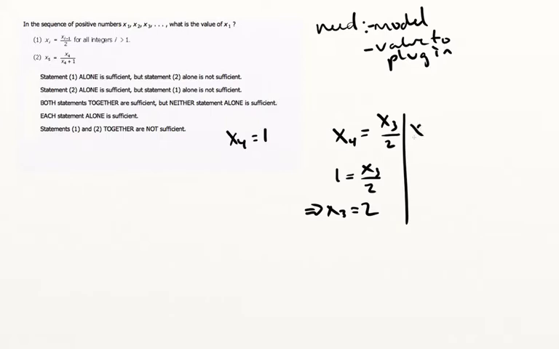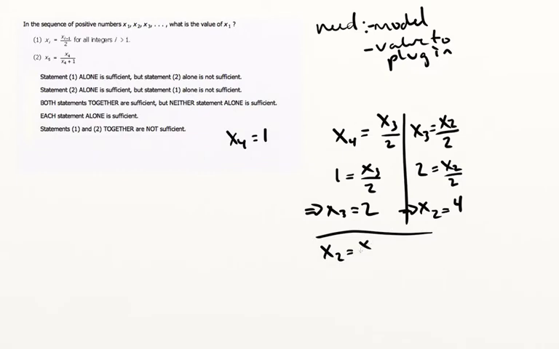Likewise, x sub 3 is x sub 2 divided by 2, so 2 equals x sub 2 over 2. X sub 2 then is 4. And then we can go again. X sub 2 equals x sub 1 over 2, which would of course give us 4 equals x sub 1 over 2, and x sub 1, lo and behold, equals 8.